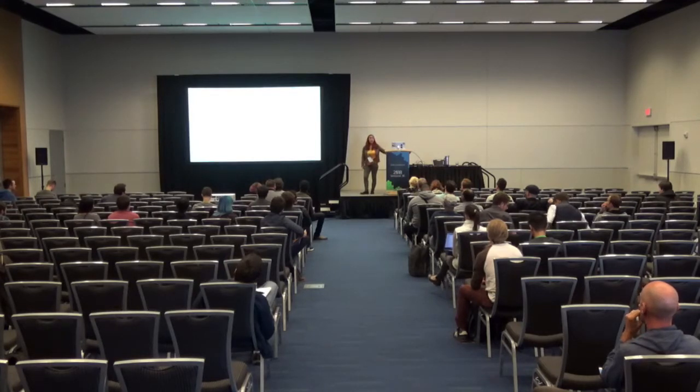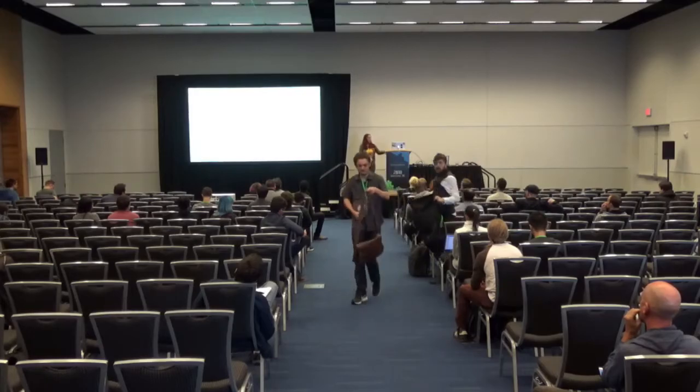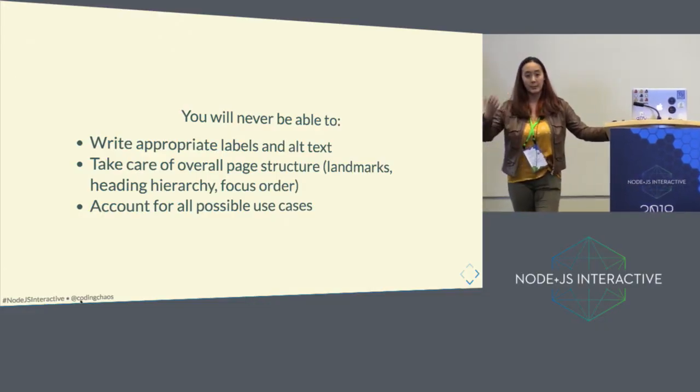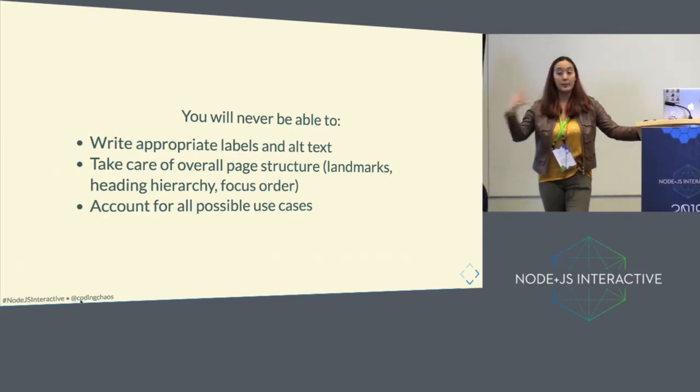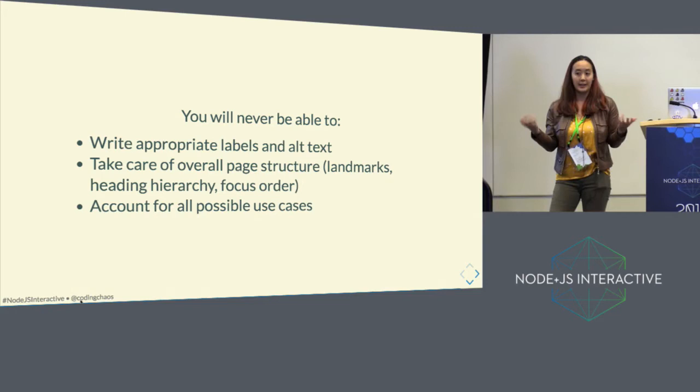Oh, accounting for all possible use cases? With that one, one example is when we were building Dojo widgets, we built the text input before building the combo box. And the combo box uses the text input. And when we initially built the text input, we were thinking, okay, this is just a user input. People type into it, has a label. But when you put a text input into a combo box, it needs to have certain properties like aria-controls, aria-activedescendant, aria-haspopup.